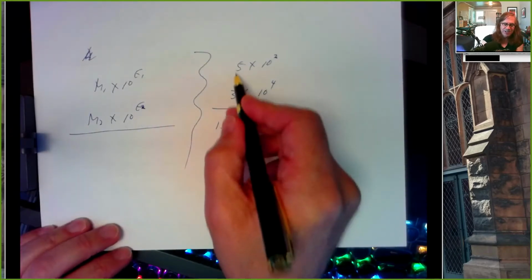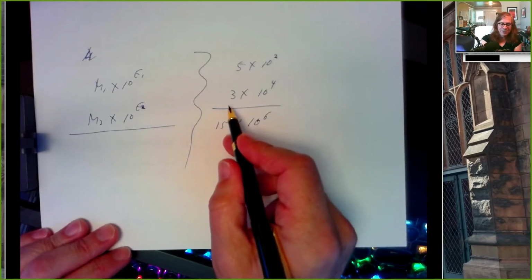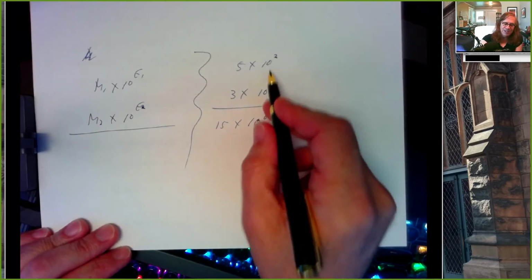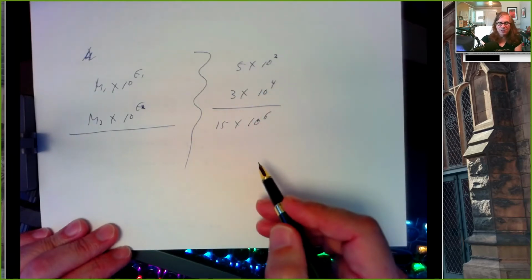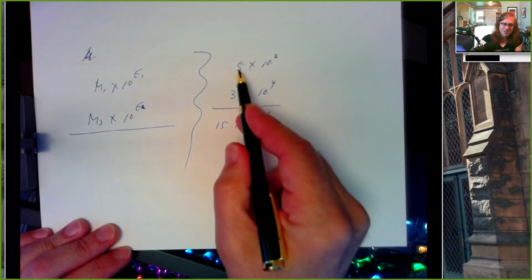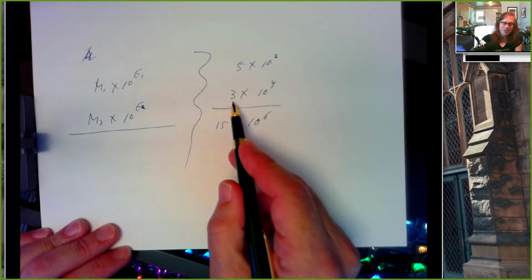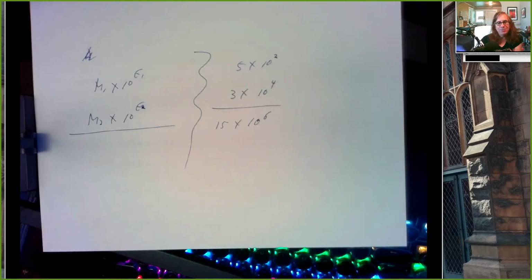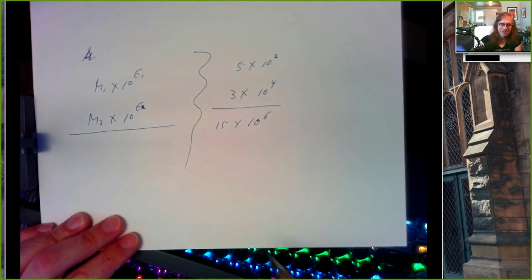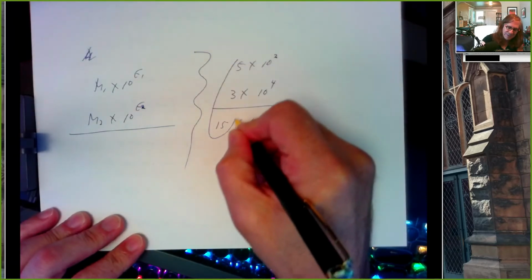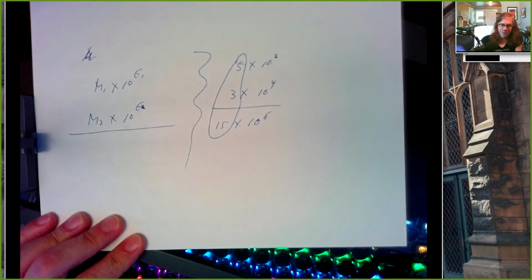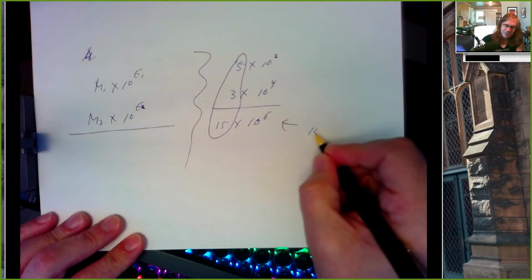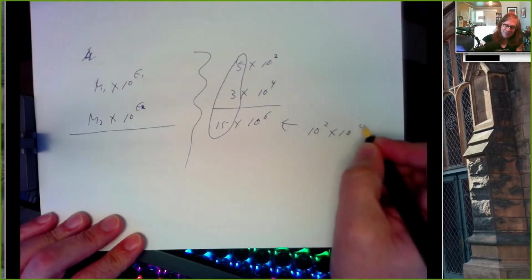I multiply the mantissas, right? And I multiply the exponent parts, right? Because this is this multiplied by that, and I'm multiplying by this multiplied by that. I can multiply in whatever order I want. So I can take 5 times 3 and get 15. And here, what I wanted to do was take 10 squared times 10 to the 4th.